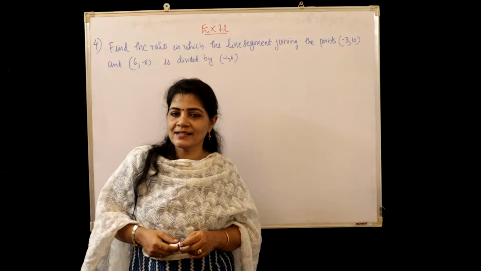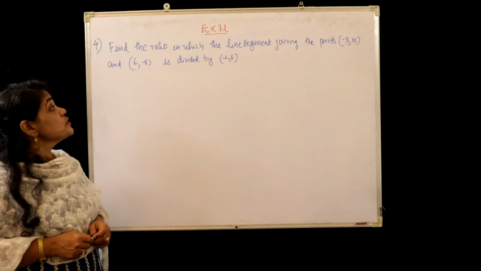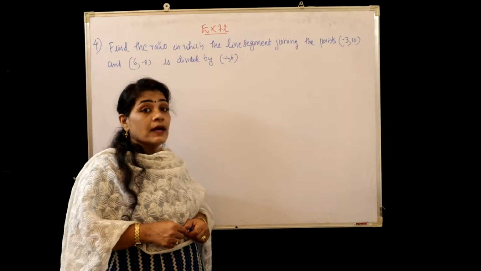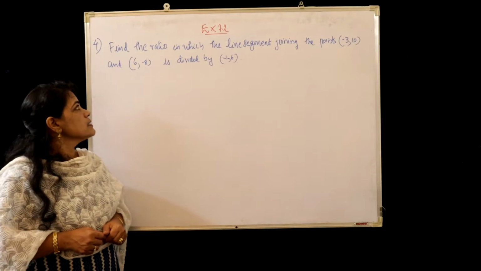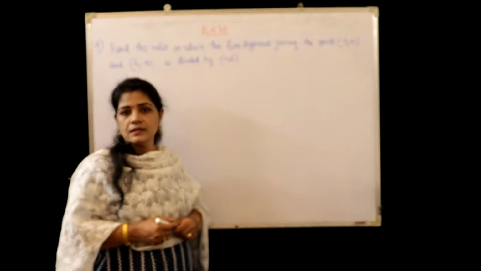Channel. We are continuing exercise 7.2, question number 4. Find the ratio in which the line segment joining the points A(-3, 10) and B(6, -8) is divided by (-1, 6).